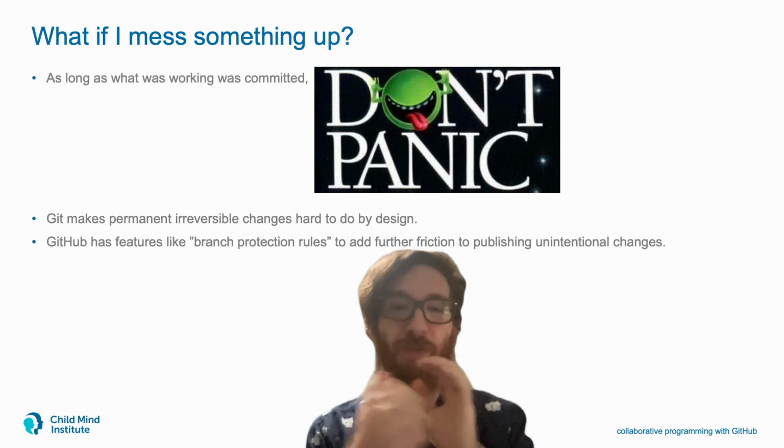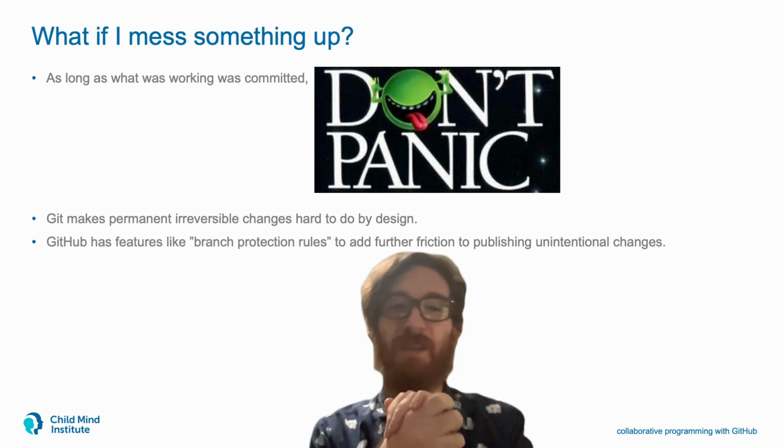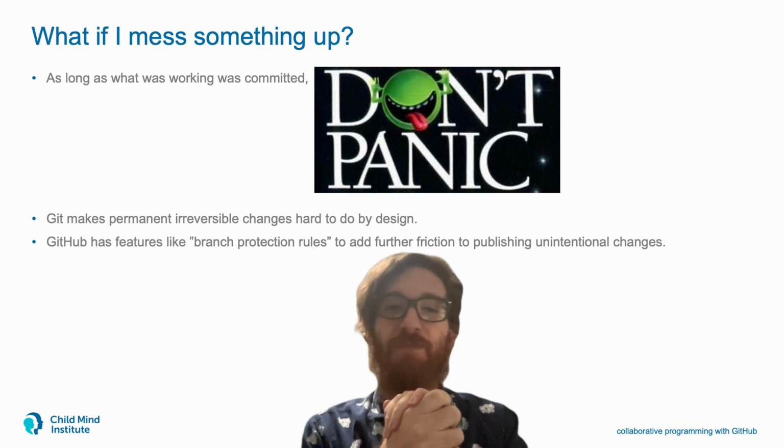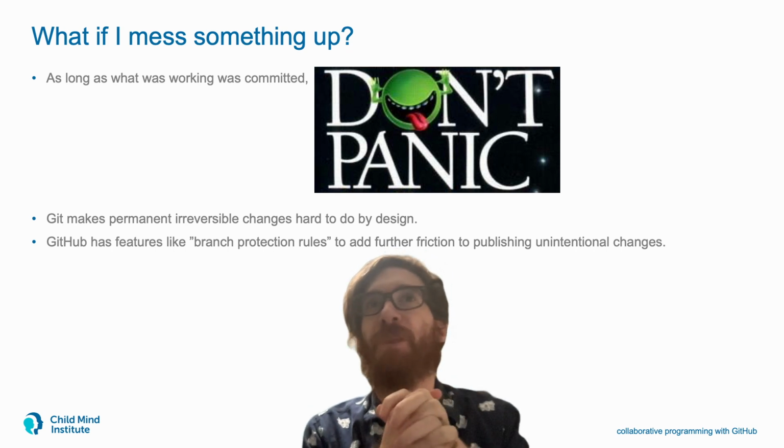In addition to the protections that Git has built in, GitHub has additional protections like branch protection rules to add even more friction to publishing unintentional changes.